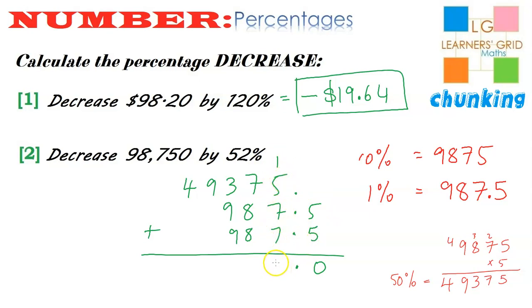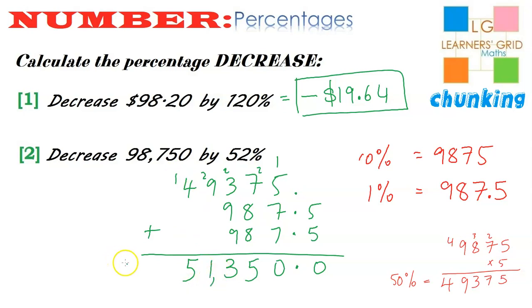Plus 6 is 20. 7 and 2 is 9. Plus 8 is 17. Plus 8 is 25. 2 and 3 is 5. Plus 9 is 14. Plus 9 is 23. 2 and 9 is 11, and 1 and 4 is 5.